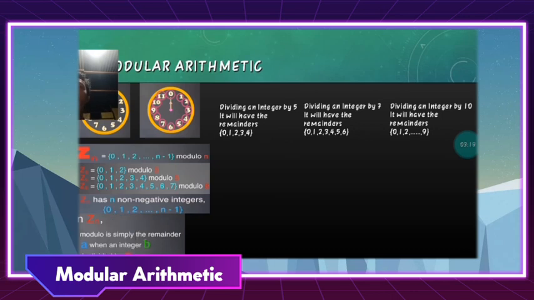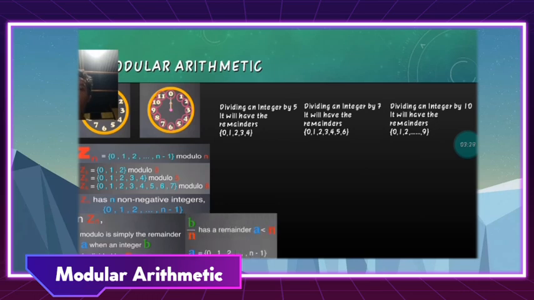Consider that in Z sub n, modulo is simply the remainder when an integer is divided by n. That is, if you divide b by n, it will have a remainder which is less than n, since of course the value of a will be from 0 to n minus 1.